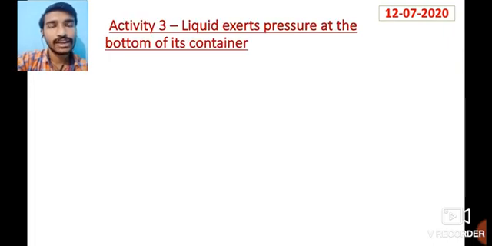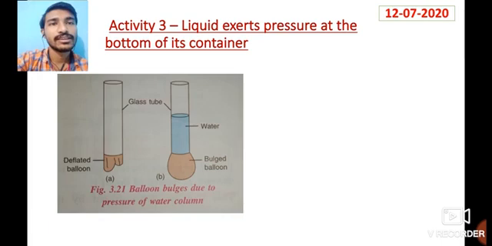So here we have activity 3 in this chapter, that is to show a liquid exerts pressure at the bottom of its container. This is the experimental setup.